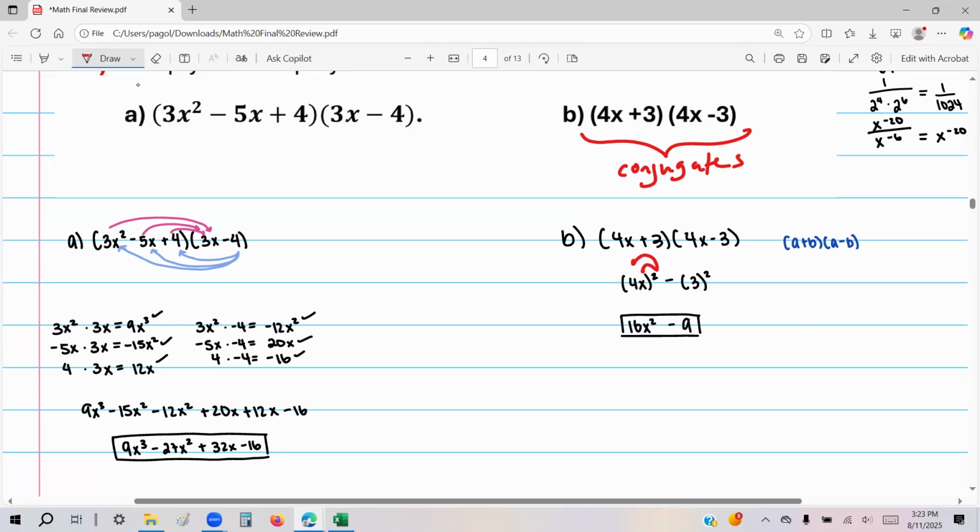But here's another one, we have to distribute. For people who always make mistakes distributing, I will suggest to write it this way. You write 3x times 3x squared minus 5x plus 4. So you're taking one element here and multiplying everything here.